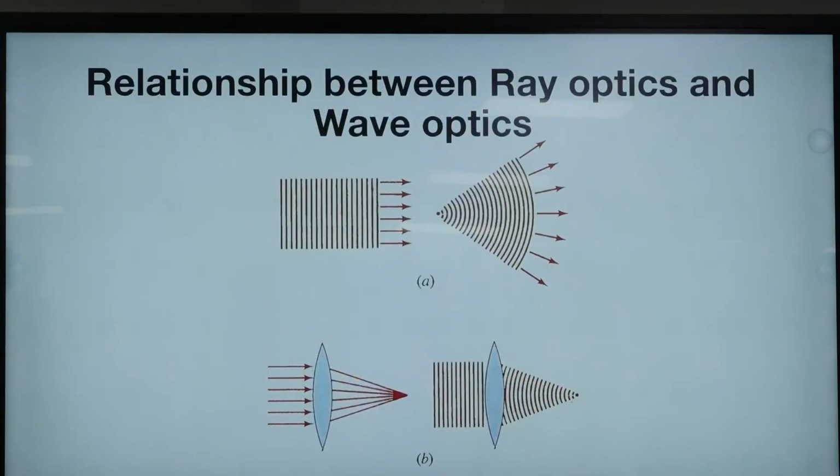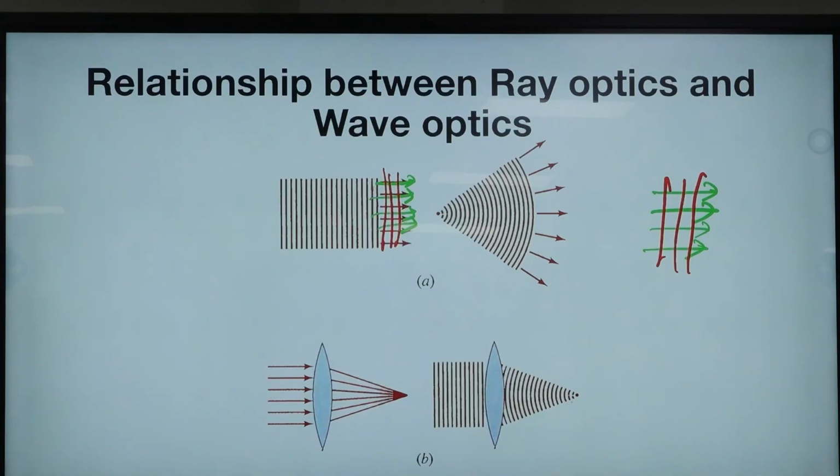So here is another example. If the rays are going like this, then the wavefront is perpendicular to it. So these are plane waves. Whenever you draw ray optics with parallel lines, in wave optics that becomes plane wavefronts traveling in one direction.